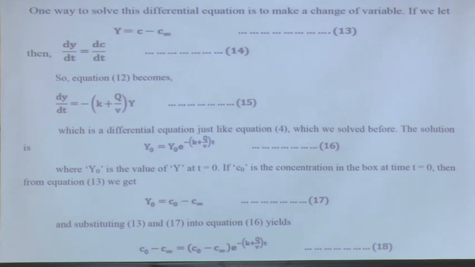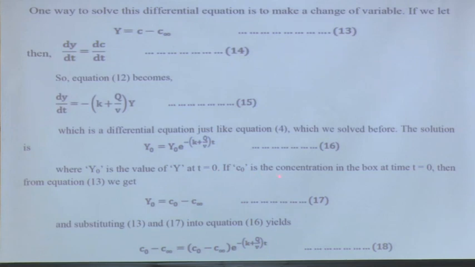This is a differential equation just like the previous equation which we solved. So, I can write y is equal to y0 e to the power minus (k + Q/V) times t, where y0 is the value of y at time t equal to 0.